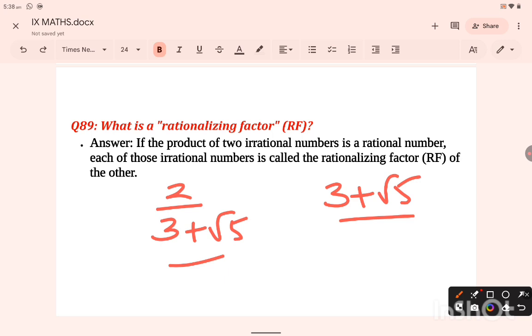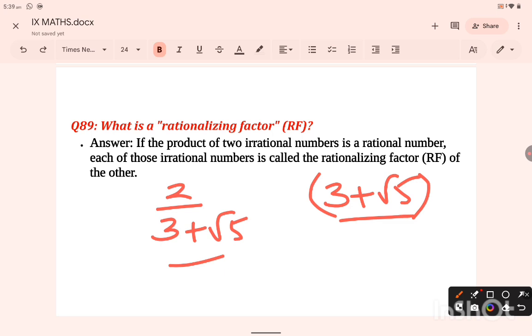To make 3 plus root 5 a rational, rationalizing factor means which number we can multiply to get a rational. So 3 plus root 5 is irrational. Now which number we can multiply to 3 plus root 5 to get a rational is known as the rationalizing factor.